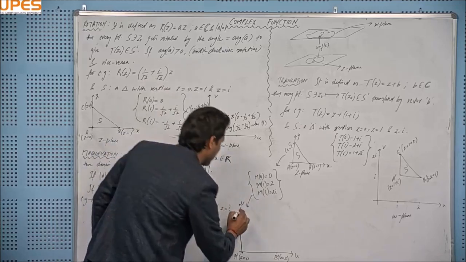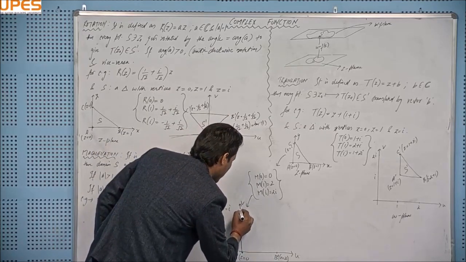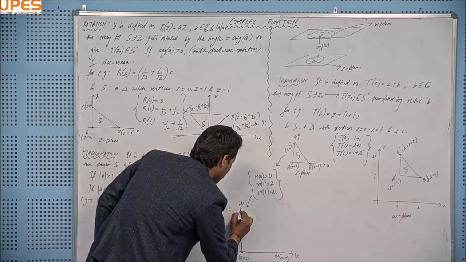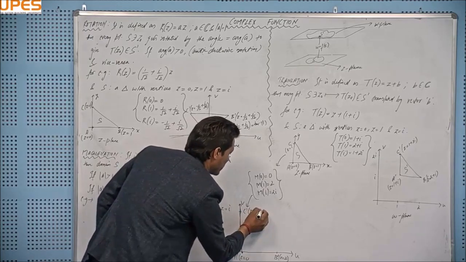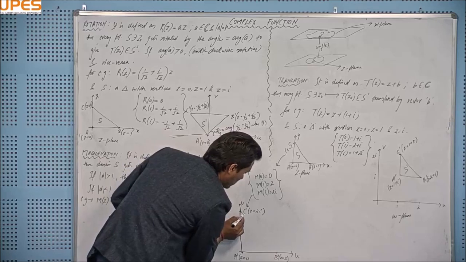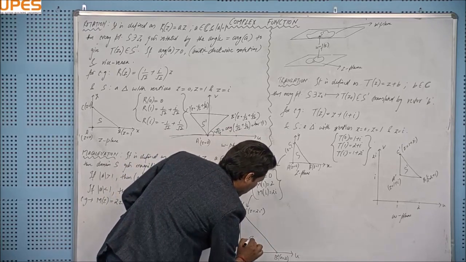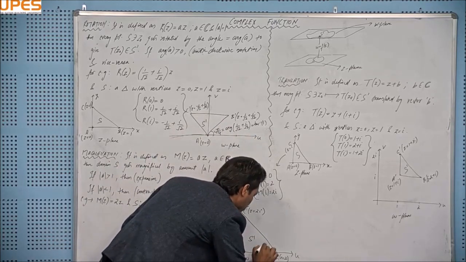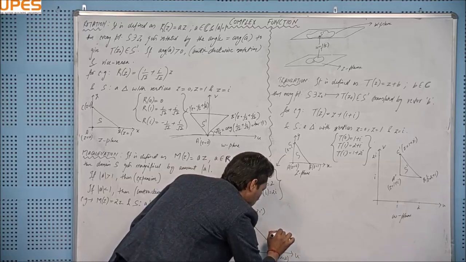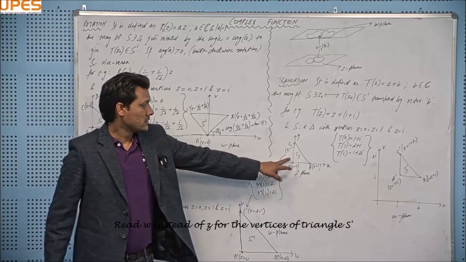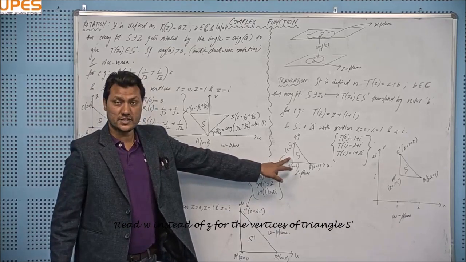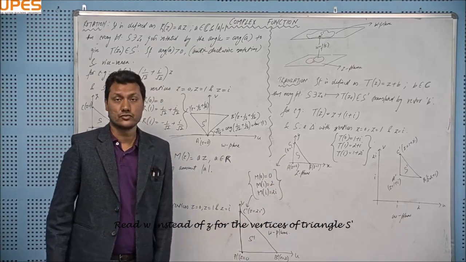Then C dash, z equal to 2 iota, and then drawing it, S dash, and this is my w plane, and you can see that the original triangle S gets magnified by a factor of 2.